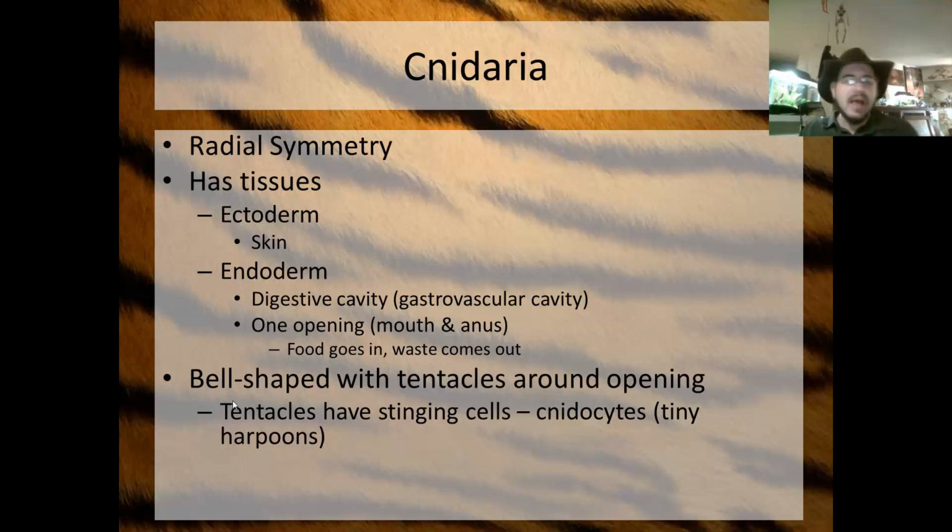Basically, any kind of pressure at all on the tentacle will cause all of these stinging cells to fire their harpoons out. And so they'll penetrate the skin of whatever they're in contact with, and they can poison any prey. They deliver a toxin. So Cnidarians can be pretty nasty.